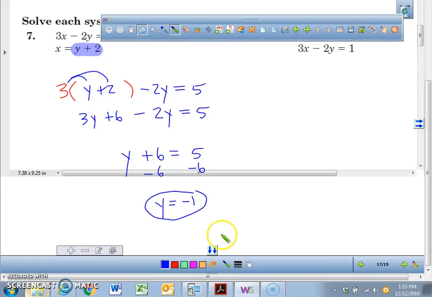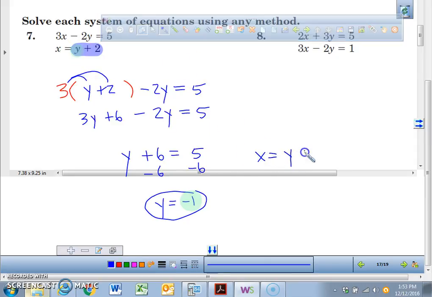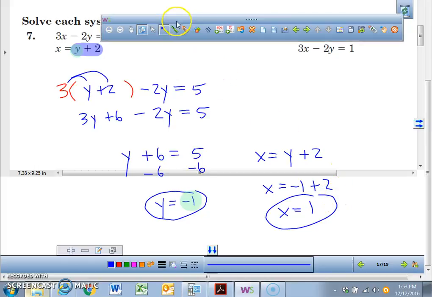The cool thing about the substitution method is you can take that -1 for y and plug it right back into the equation for x, because what is x equal to? X is equal to y plus 2, and x equals -1 plus 2, so what is x equal to? Positive 1. And that's just doing it by hand using the substitution method.